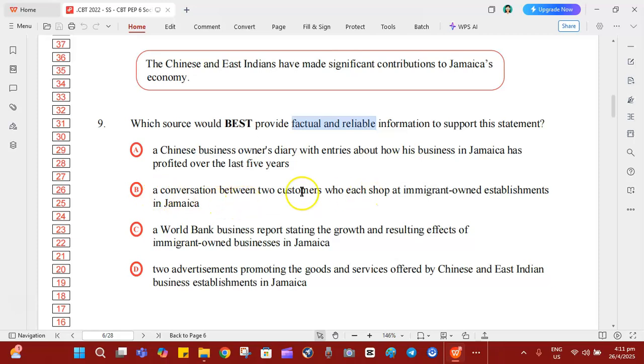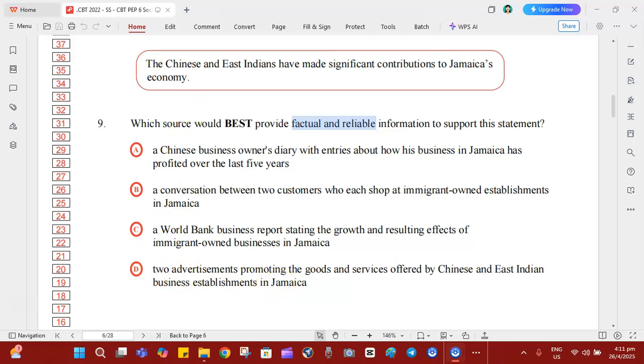B, a conversation between two customers who each shop at immigrant-owned establishments in Jamaica. Then for this, you more than likely getting their opinion, not really a fact and reliable source. C, a World Bank business report stating the growth and resulting effects of immigrant-owned businesses in Jamaica, more like it. D, 2 advertisements promoting the goods and services offered by Chinese and East Indian business establishments in Jamaica.